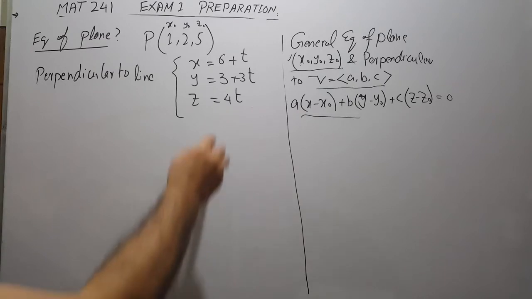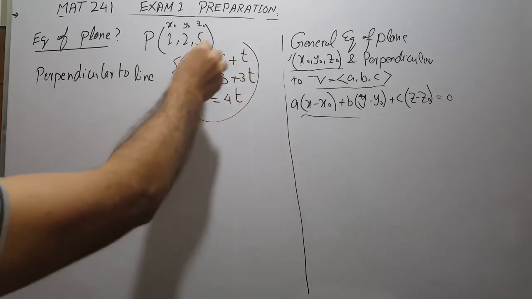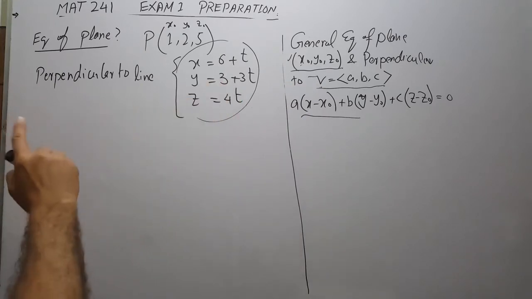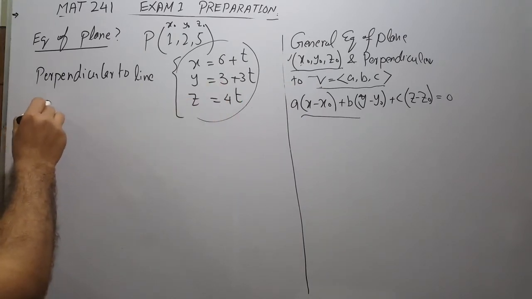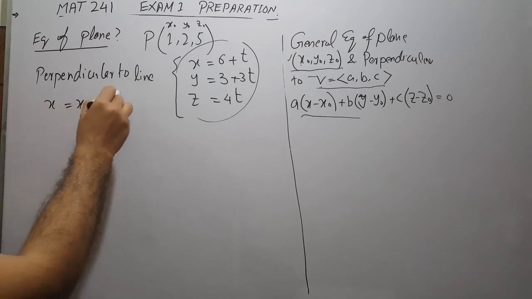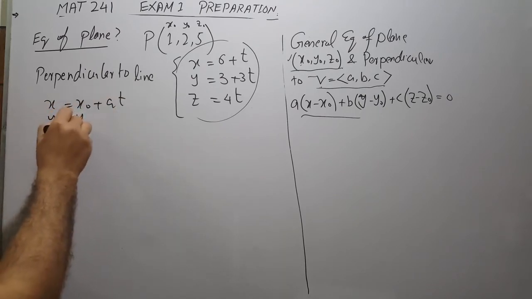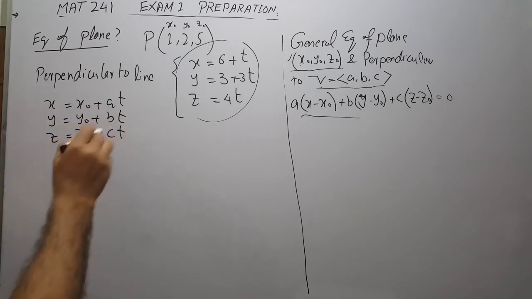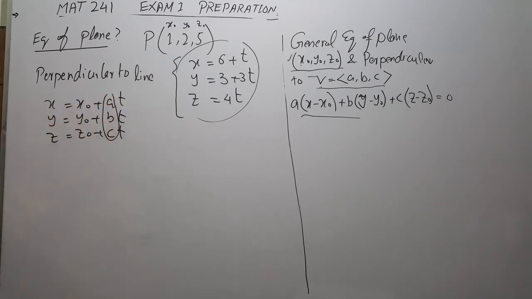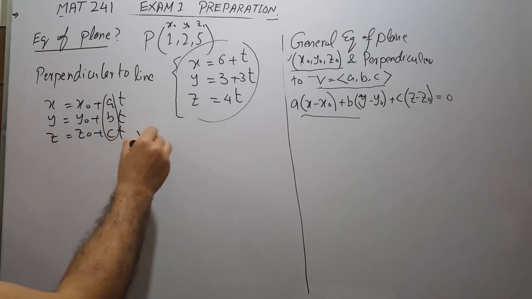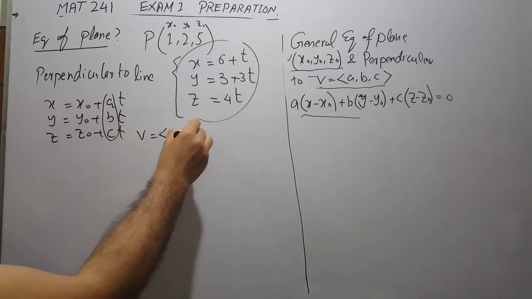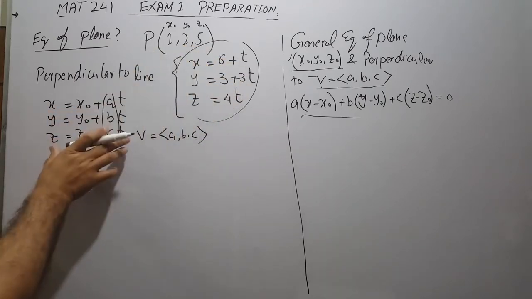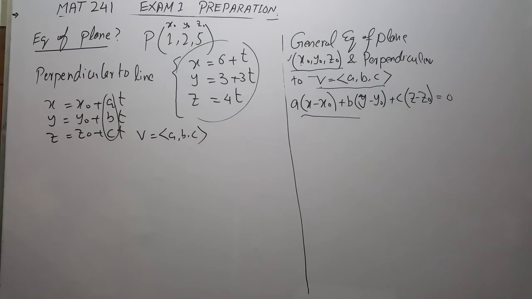We just did the parametric equations where x was x naught plus at, y was y naught plus bt, and z was z naught plus ct, and we wrote this thing which was our v. So v was our vector a, b, c. So we can find v from here.